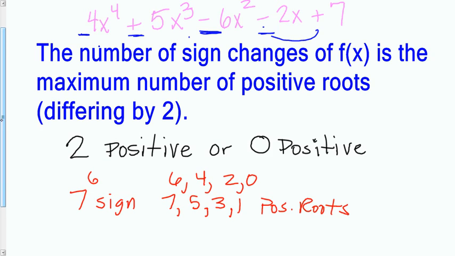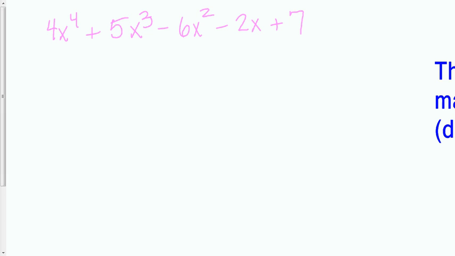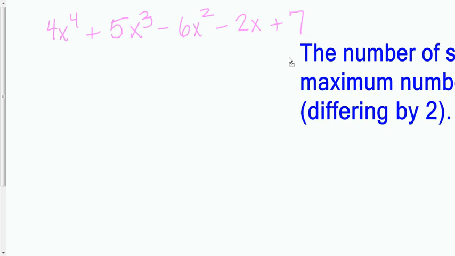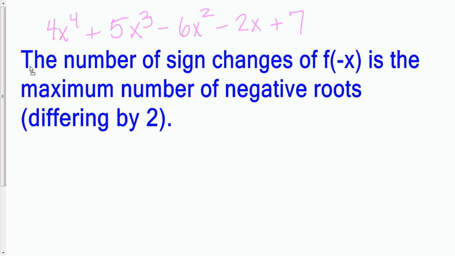The other part of this rule would be finding negative roots. So the number of sign changes of f of negative x is the maximum number of negative roots. So that means you first have to figure out what is f of a negative x.